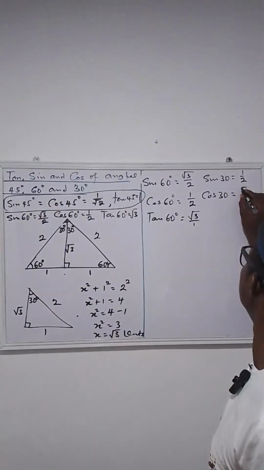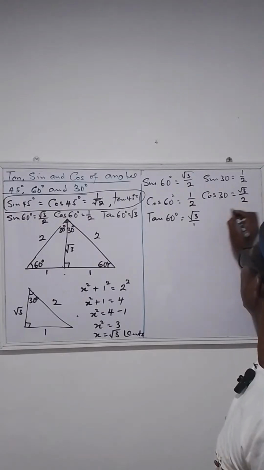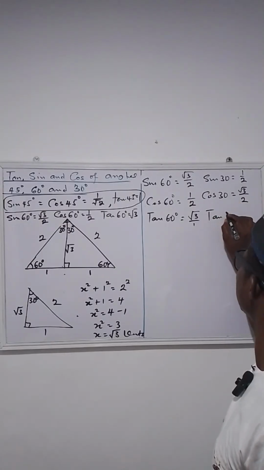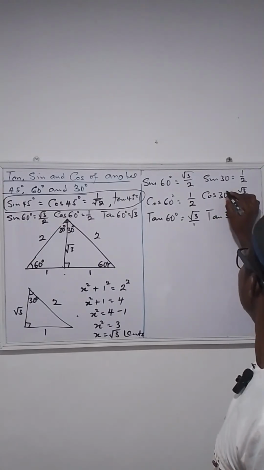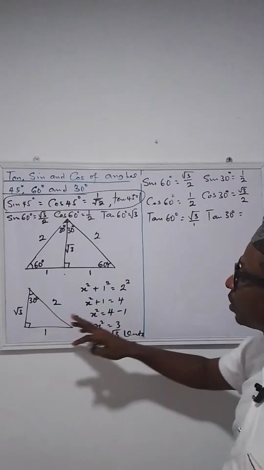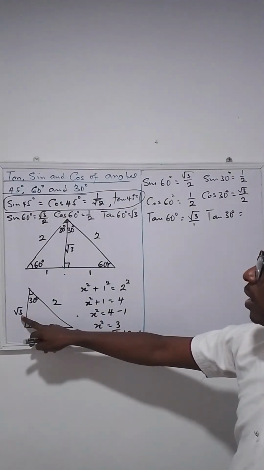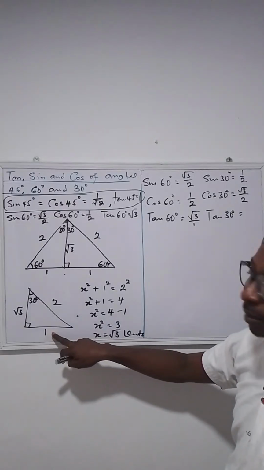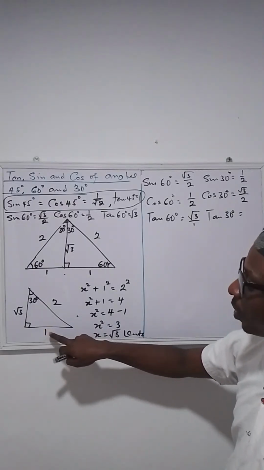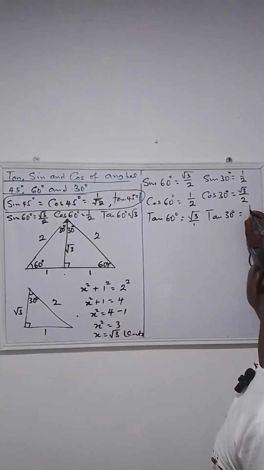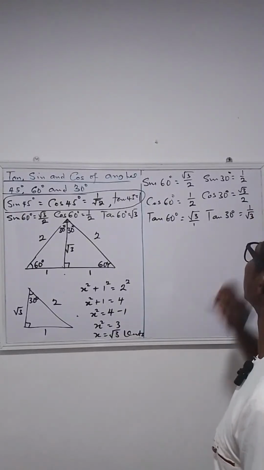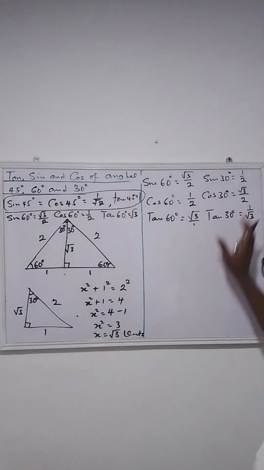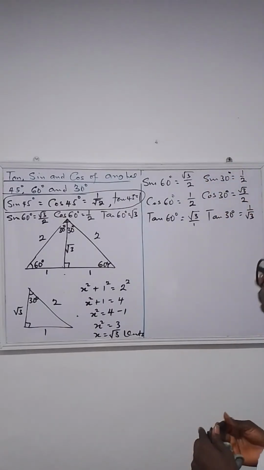That's square root of 3 over 2. And the last one, tan 30 degrees. Okay, so that gives you what? Opposite over adjacent. That's 1 over square root of 3. Okay, all right, can you see that now? So this is what we have for special angle 30.